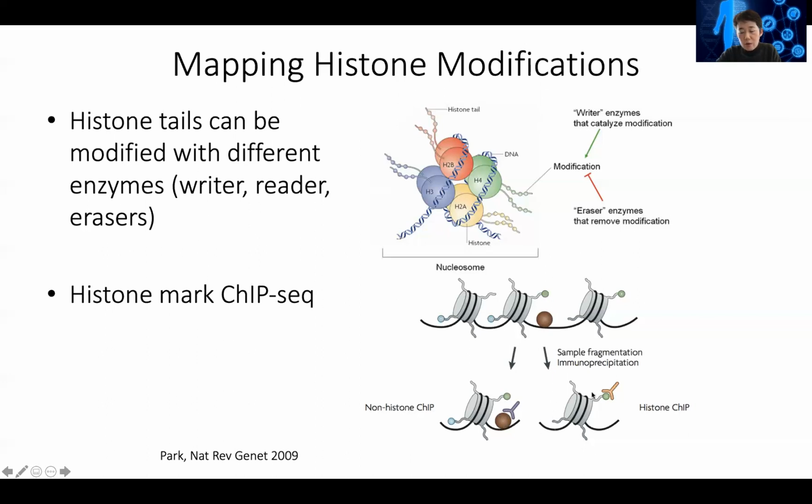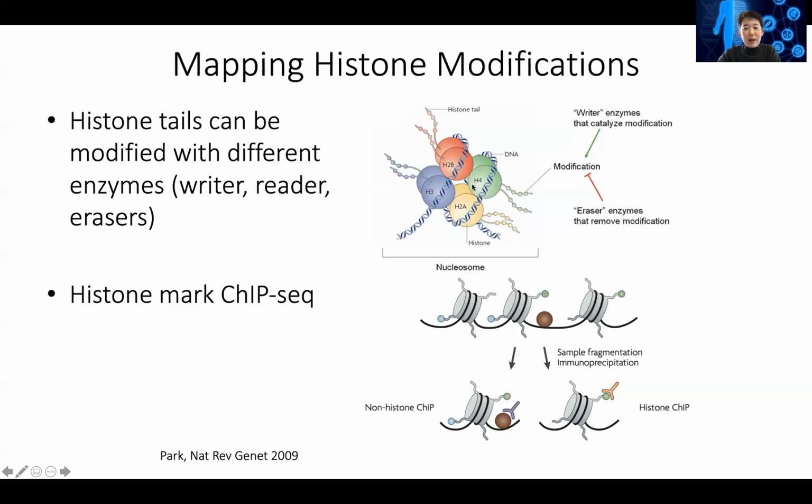But once the chromatin is fragmented, if the histone tail is modified, there are antibodies against modified histones. You can use the antibody to collect all the pearls that have the little flag, then isolate the DNA that's wrapped around that nucleosome and sequence it. Then you will know which locations in the genome have the histone modification. This is called histone mark ChIP-seq.